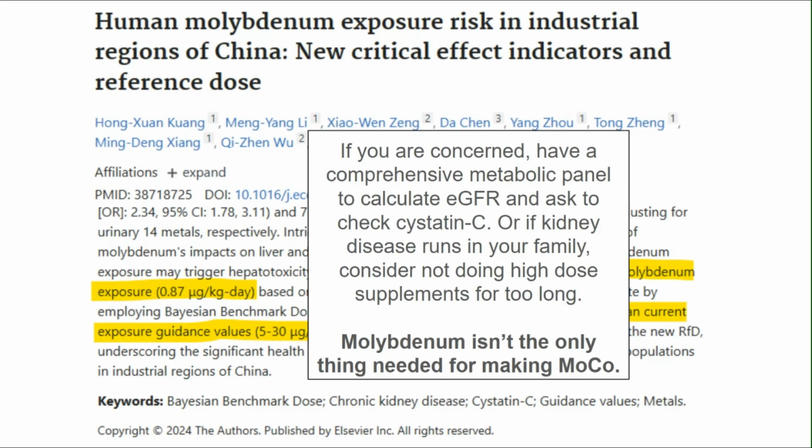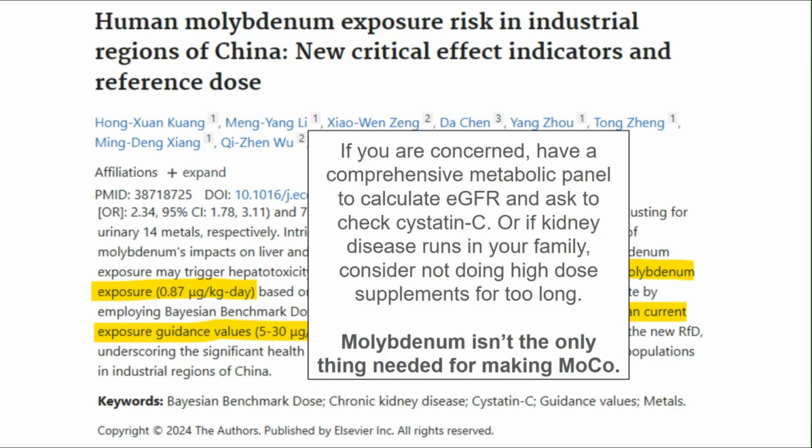But if you already have a low estimated glomerular filtration rate, you would want to ask for the cystatin C to be done. And if kidney disease runs in your family, you should probably consider not doing high dose supplementation with molybdenum for too long. Remember, it's not just molybdenum that is needed to make molybdenum cofactor. There's multiple other nutrients involved.